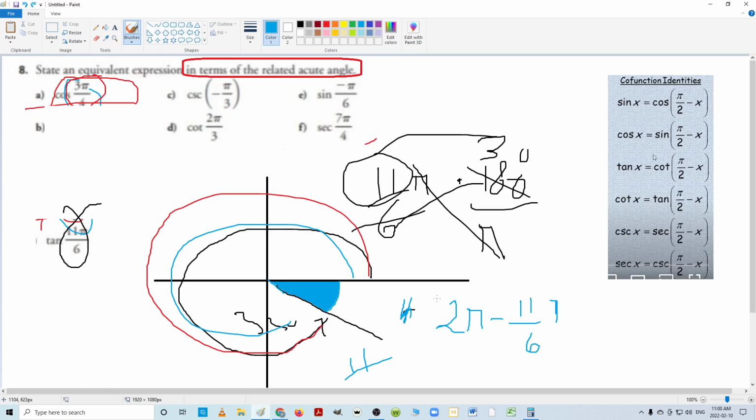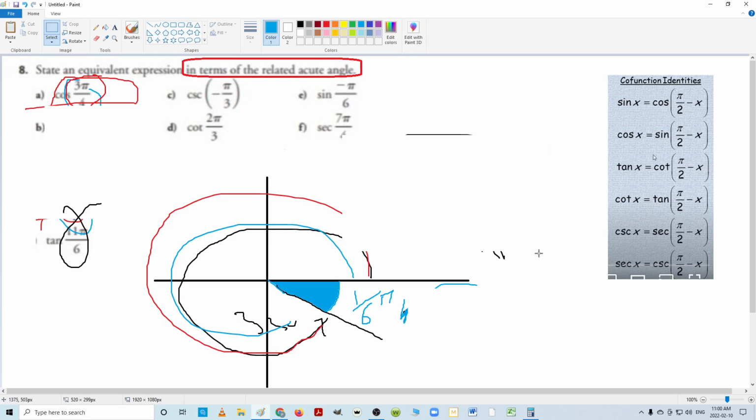So I multiply top and bottom by 6. I get 12 minus 11, 6. So I get 1/6 pi. That is indeed the same as 30 degrees. So that means this area here is 1/6 pi, which means my acute equivalents are all going to be 1/6 pi.